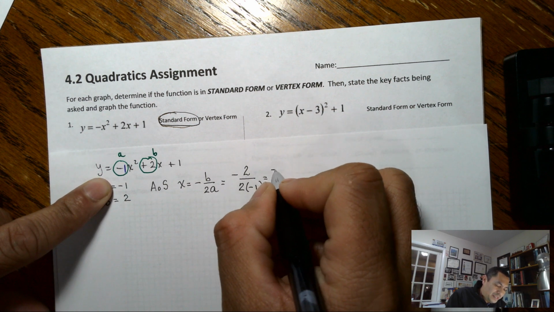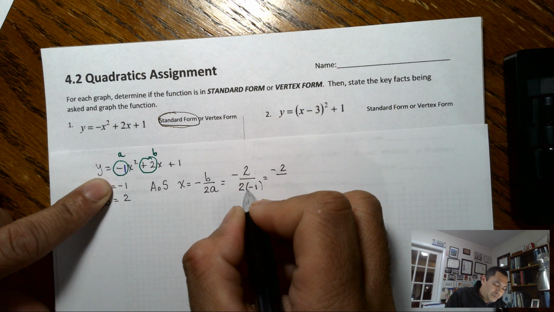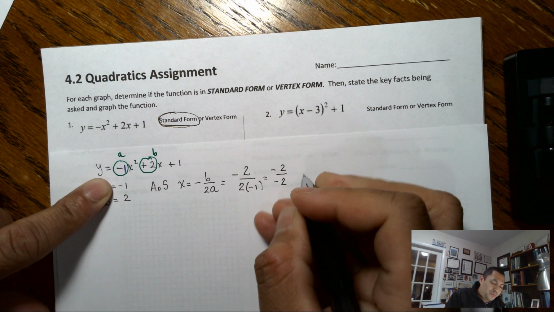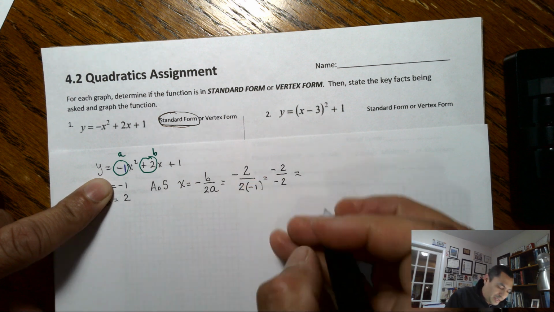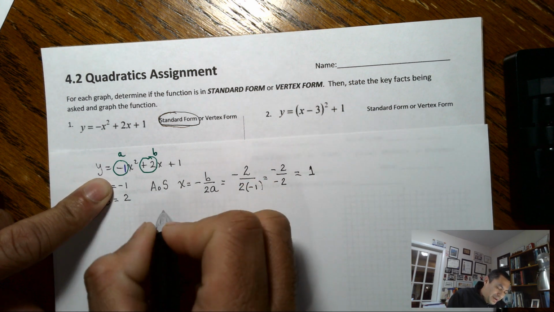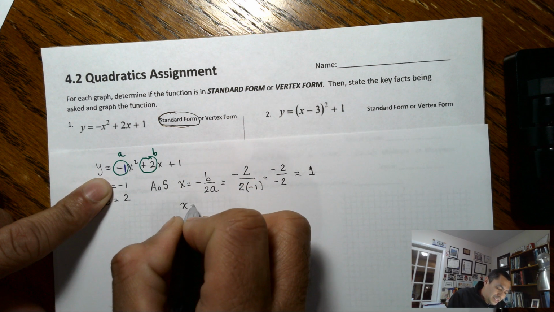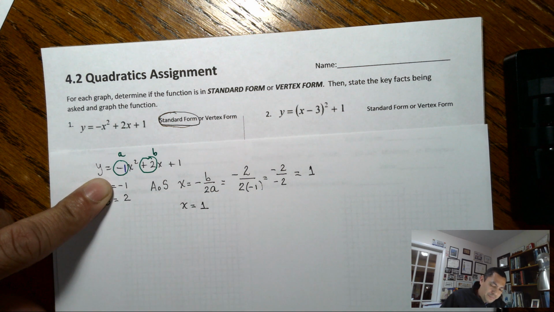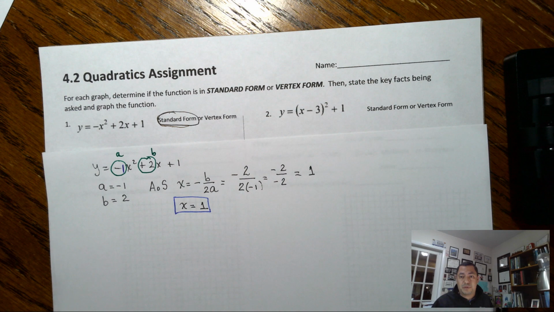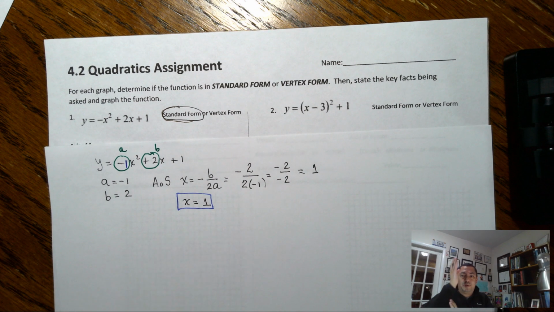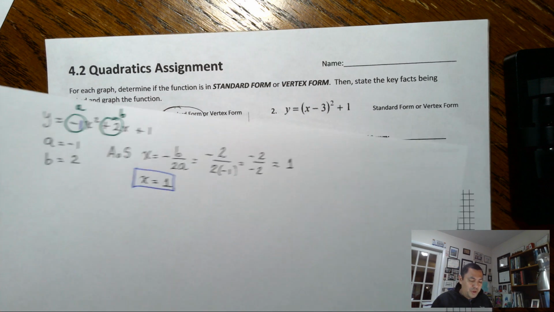So I have negative 2 over 2 times negative 1, which is negative 2. And we know that negative 2 divided by negative 2 is equal to 1. So my axis of symmetry is equal to 1. And let's mention this one, x equals 1. What is the axis of symmetry? It's where your parabola is going to be split into 2 equal parts.